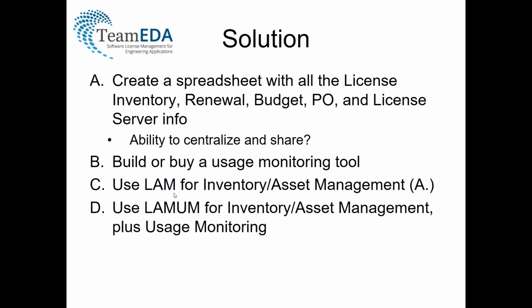It's pretty inexpensive. Or you can add to that the usage monitoring capability, and now you have one tool for both inventory asset management and for usage monitoring that's totally integrated. We offer that. It's called LAM-UM. So there's 4 ways of solving these problems.